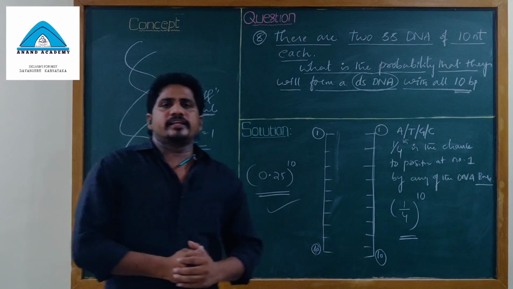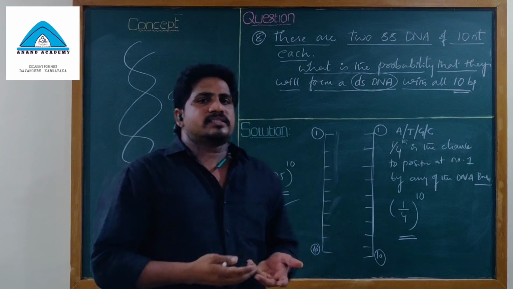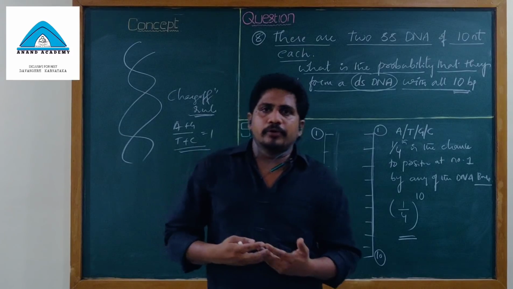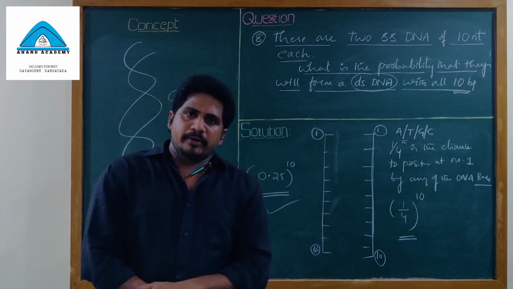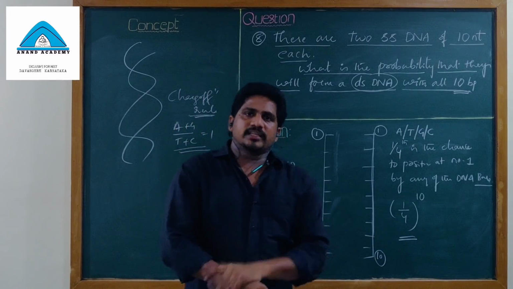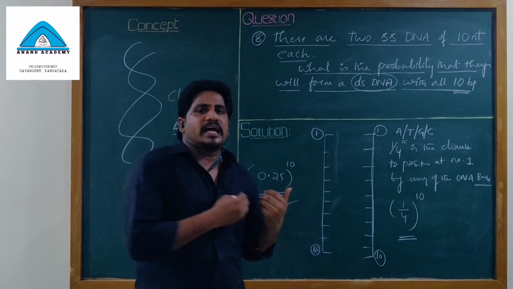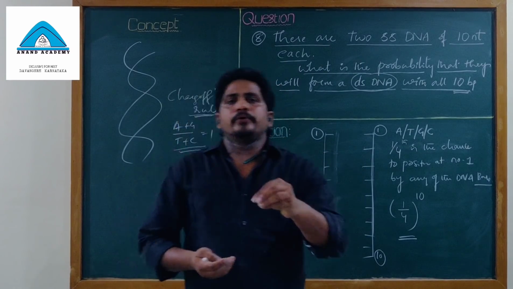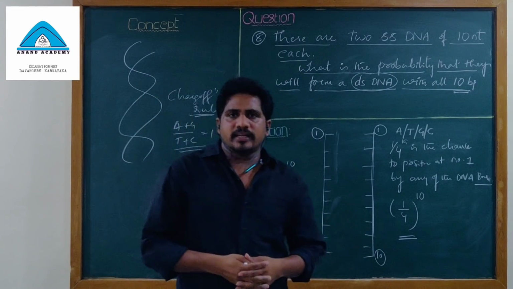So not always formulas, sometimes questions arrive on probabilities also. By just your logical thinking you can crack the questions. Like this, many models we can discuss. Even if I discussed 100 models in front of you, it will be done only by your creative mind, your practice and your logical thinking. Don't depend on the sums which I have discussed as they are. These are some exercises to build your knowledge of the concept of Chargaff's rule and other data in the DNA model.